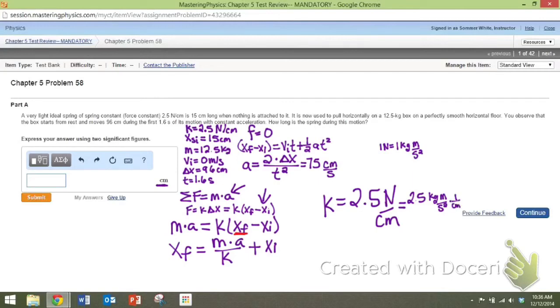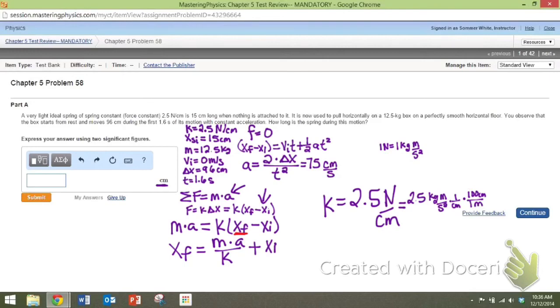That's keeping track of the centimeters from the unit before. How many centimeters are in a meter? 100. So our conversion factor in this case is going to be 100 centimeters over 1 meter.